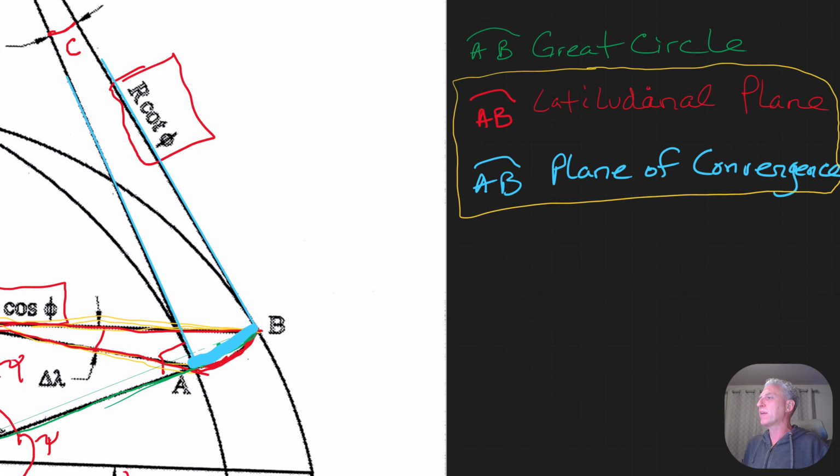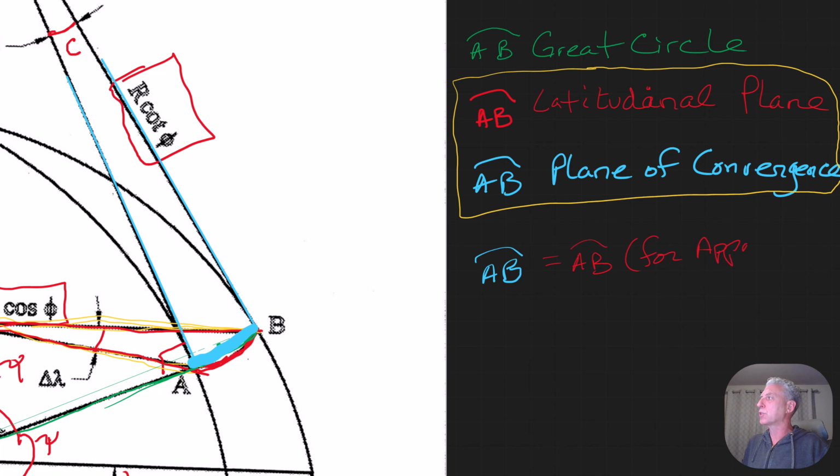So what would happen if we just set our plane of convergency arc equal to our latitudinal plane arc? I'll put it as an approximation.